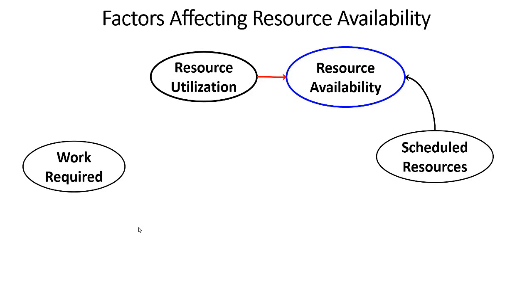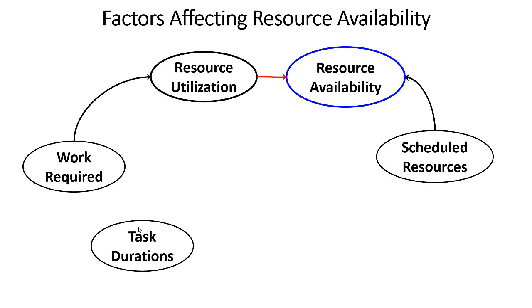So what influences resource utilization? Well, the work required. The more work that's required in a project, the more utilized your resources are going to be, a given set of scheduled resources. And task durations.